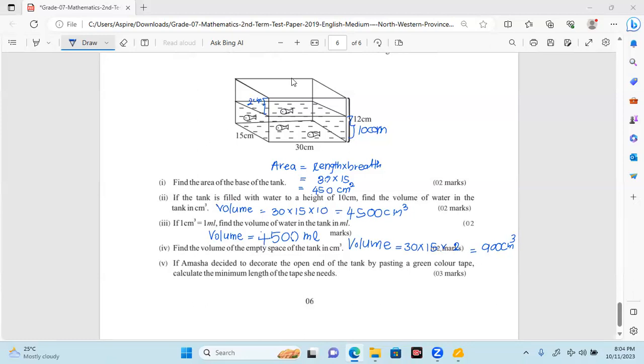What is the perimeter around this open end?